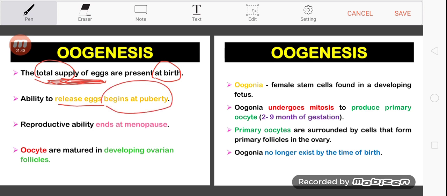And the women have some limitation in terms of time. The egg release, ovulation, will end at menopause.